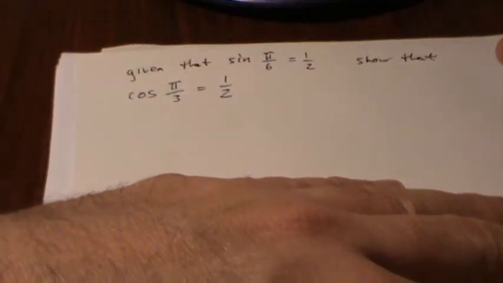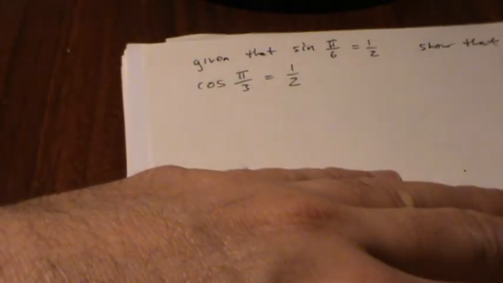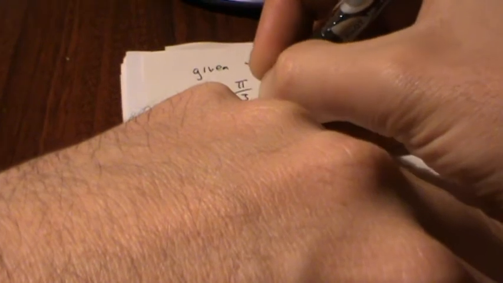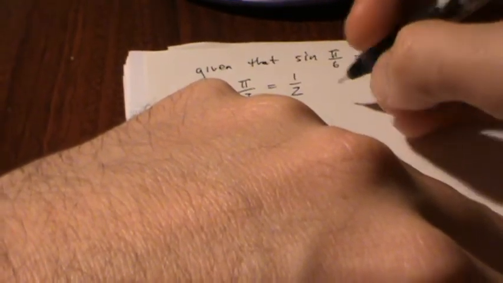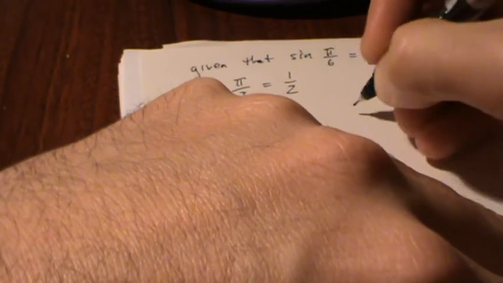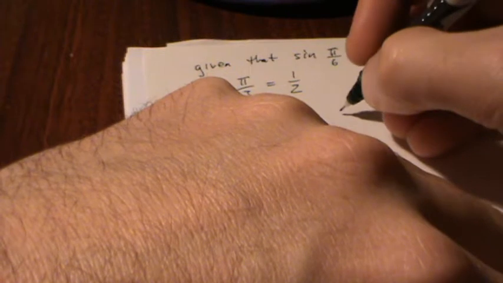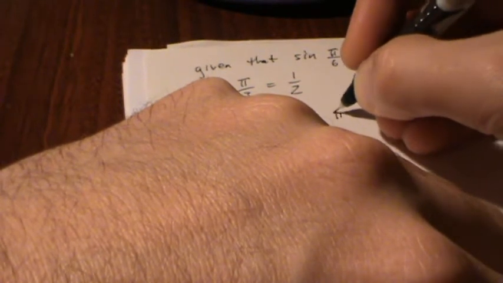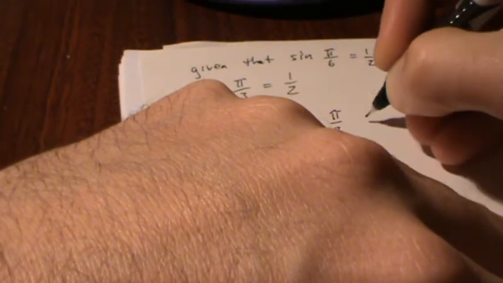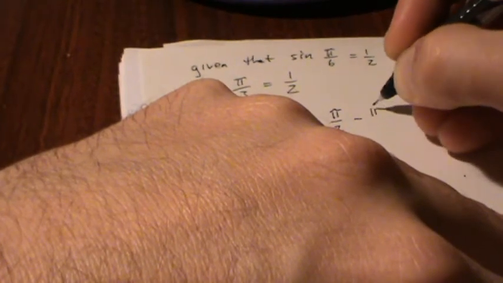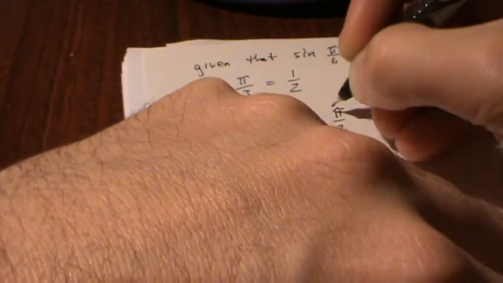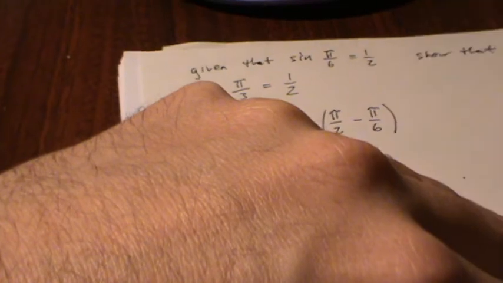And so what you have to basically start out with is you have to show that cosine of pi over 3 is equal to cosine of pi over 2 minus pi over 6.